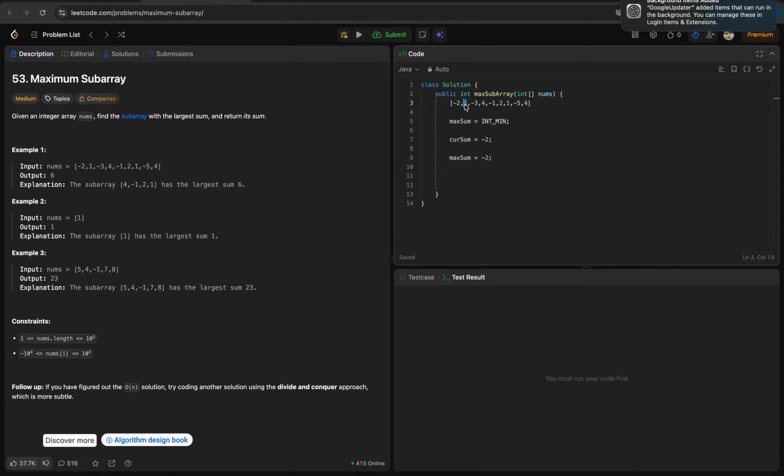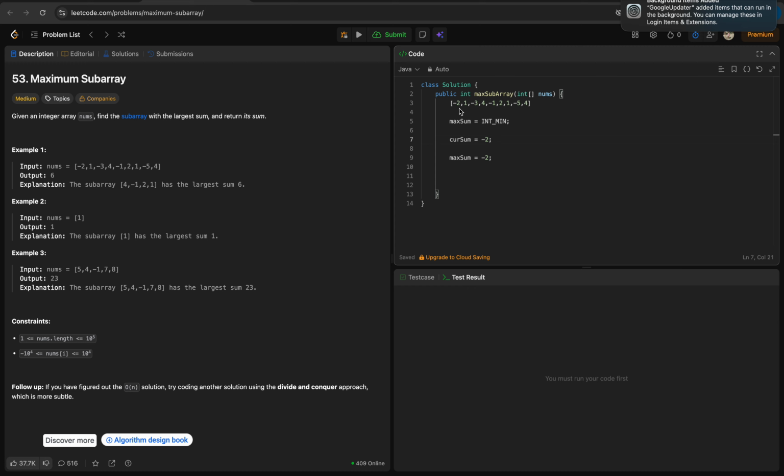Now we will add 1 to the current sum. One more thing: at this index only, when we have current sum as -2, we will check, is it beneficial to keep this -2 in the subarray?